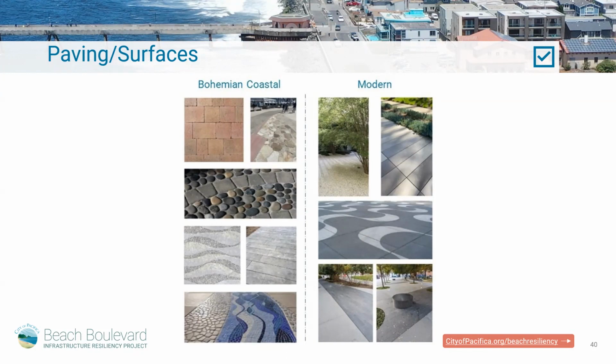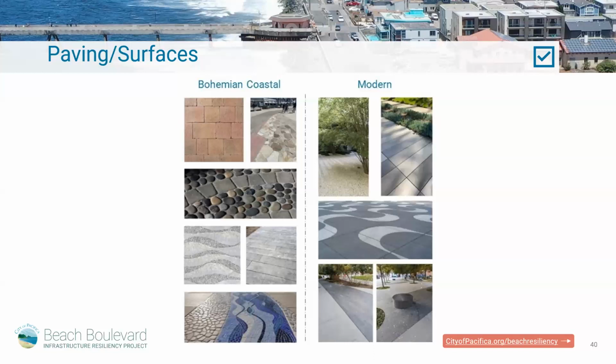But the idea would be maybe tiled versus a more sleek, smooth, or brushed finish, integrated color paving opportunity for the modern. 5 seconds more. Oh, I think Matt ended that one. Thanks, Matt. We're evenly split, Bohemian coastal and modern, for paving and surfaces.